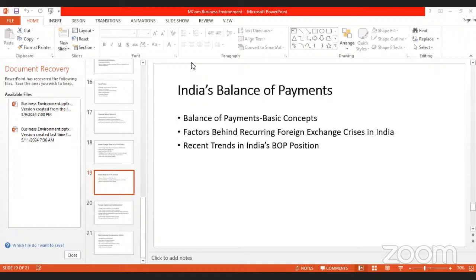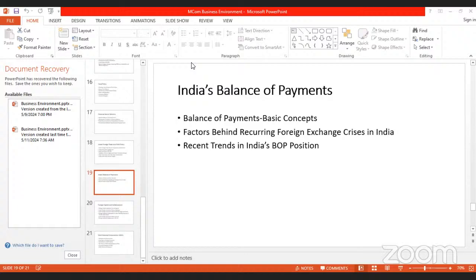Policy missteps such as rigid exchange rate regimes, poor monetary policy, or inefficient trade policy can exacerbate foreign exchange problems. So all in all, we have discussed the six factors. These are high import bills, trade deficit, capital flight, external debts, global economic conditions, and policy missteps. So these are the six factors responsible for the crisis.